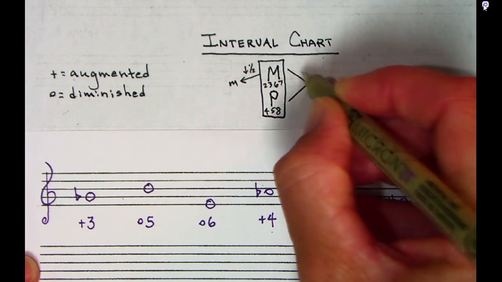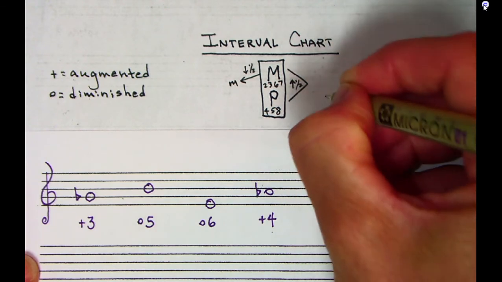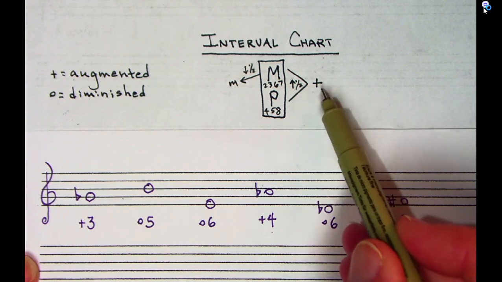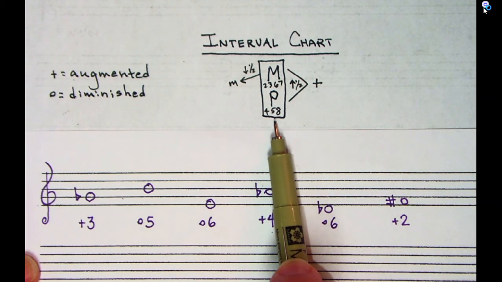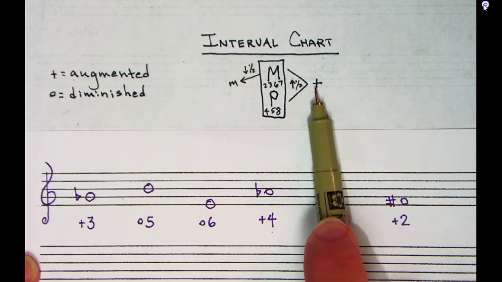It becomes augmented. Now we're just going to use accidentals to do that. So that is how you get an augmented interval. You make it major or perfect first, and then you use whatever accidental you need to raise that top note out of the key a half step.